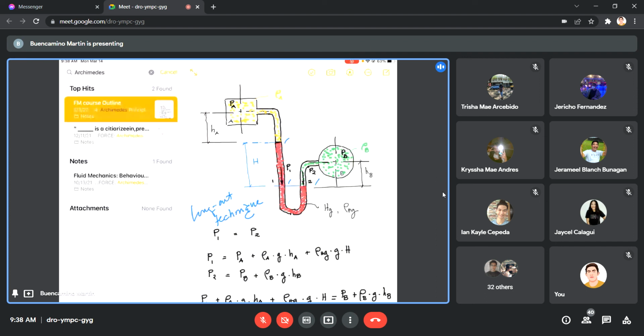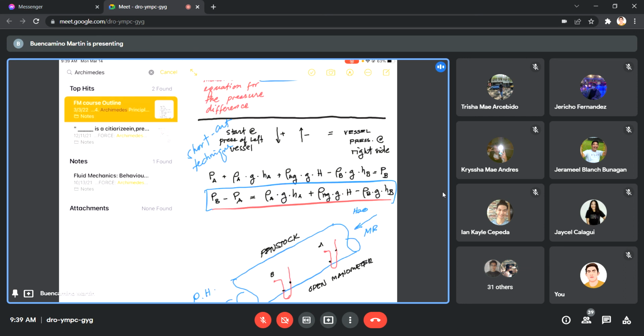So that I will have the equation minus rho B times g times HB. And then that would be equal to PB. Okay. So, ganyan ang nangyari sa equation na yan. Yan, PA plus rho A g HA plus rho Hg times g times H minus rho B times g times HB is equal to PB.